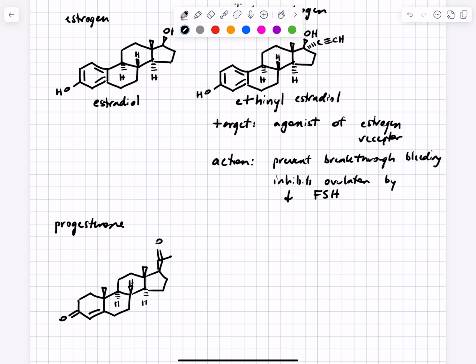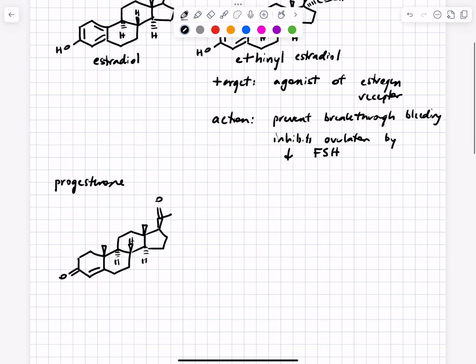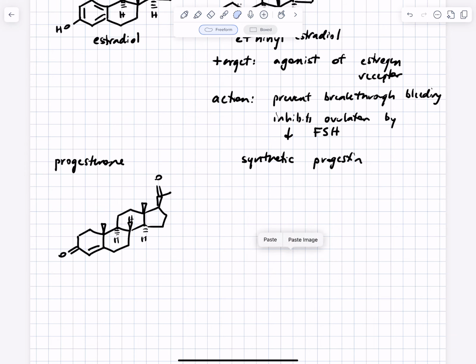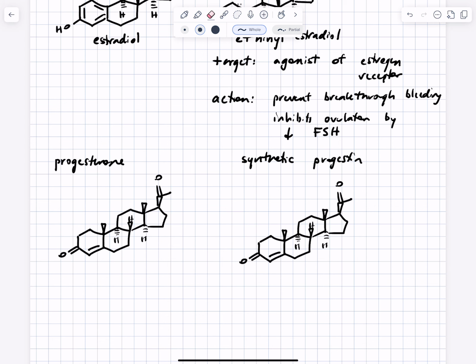And then here are some examples of synthetic derivatives of progesterone, which they call progestins. You can basically take the same progesterone structure and then mess around with it just a little bit, add a methyl group here, an OH group here, and another alkyne.